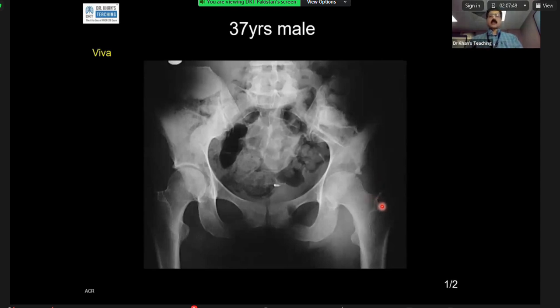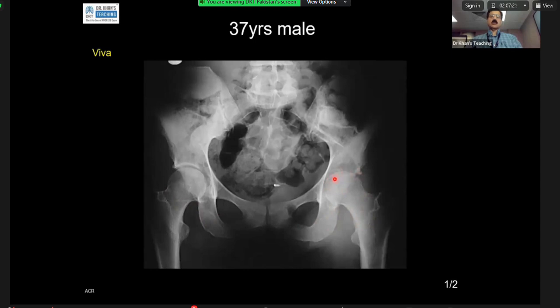Distension of the fat planes will be difficult to see in adults. But what is happening is that there is soft tissue obliteration of the fat plane and increased density, which is, here there is fat, and here there is a bit of soft tissue. The key finding is that the joint space is reduced.